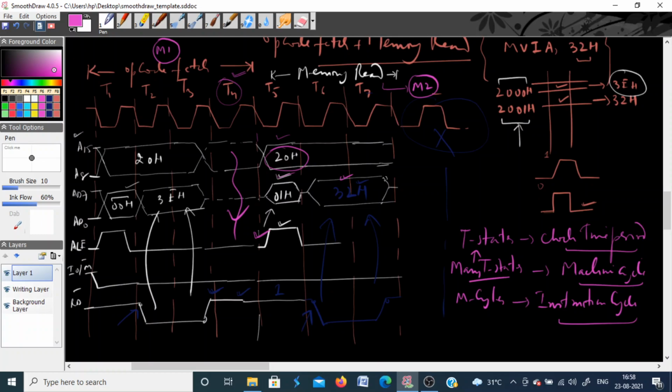Like in this case, from here to here is the complete instruction cycle. That is the total time required to execute this entire instruction. So it is opcode fetch along with the memory read. Opcode fetch is one machine cycle, and memory read is another machine cycle. By machine cycle we mean the time required to fetch a single byte from the memory, or, in a write operation, the time required to write the data into the memory.